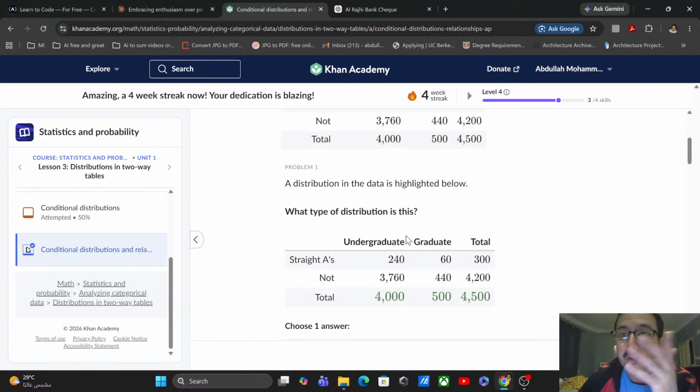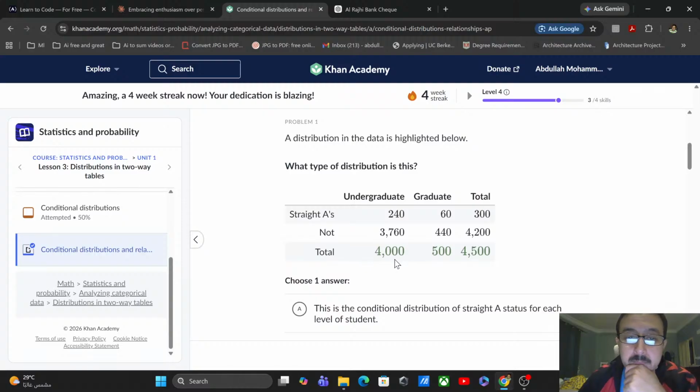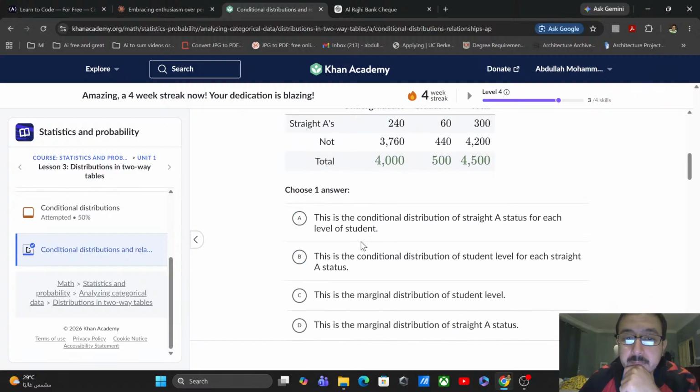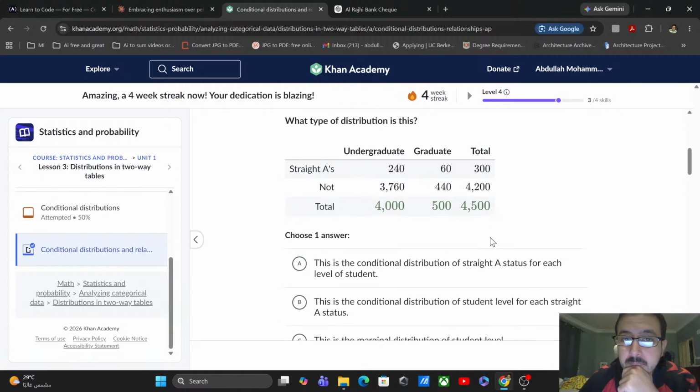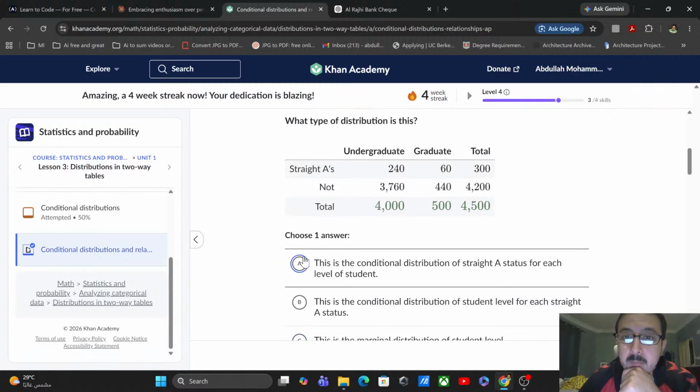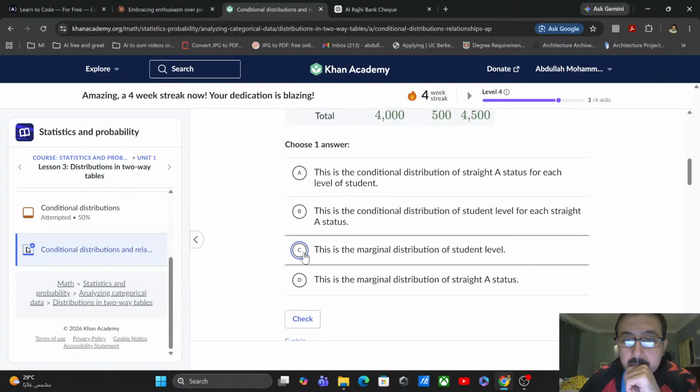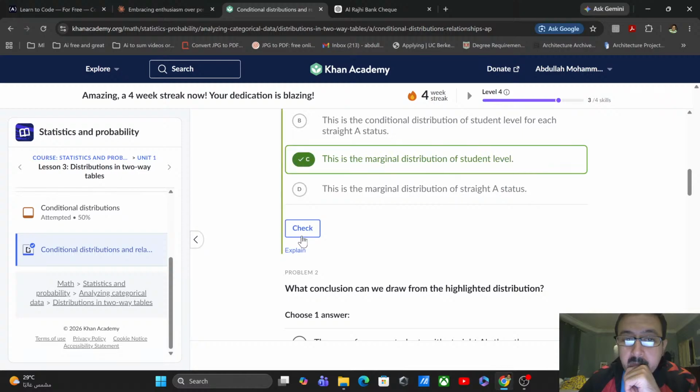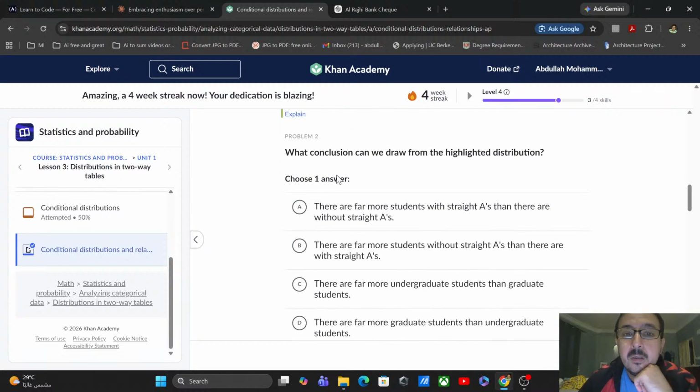Is this a quiz or article or marginal? Okay. What conclusion can we draw from the highlighted display?